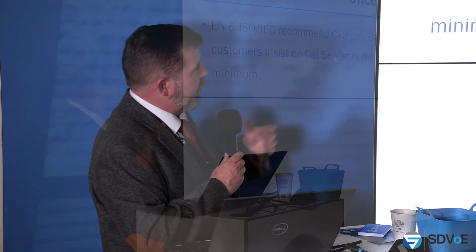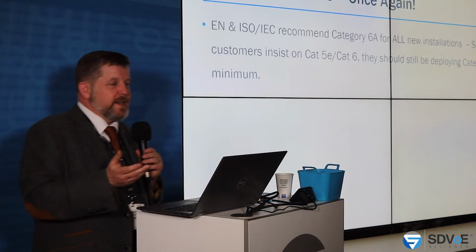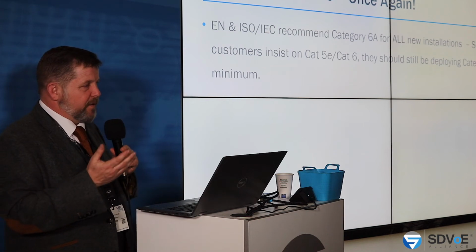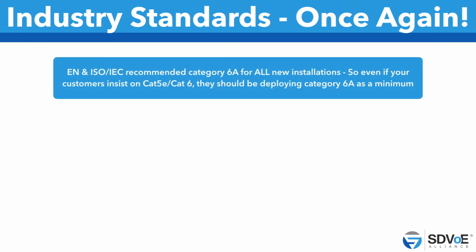Whether they're quoting an international standard or a European standard, all of those standards are now saying that for buildings and infrastructure we must use category 6A as a minimum. Remember, we're trying to devise a roadway that's going to be a minimum of 10 gigabit to be able to deliver to that customer whatever they need today and for tomorrow.